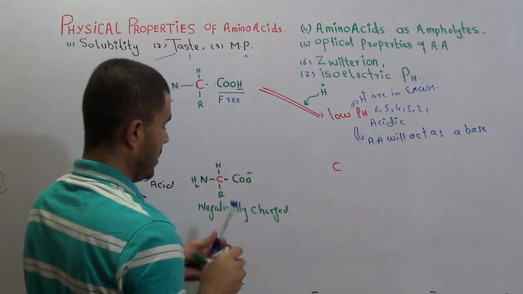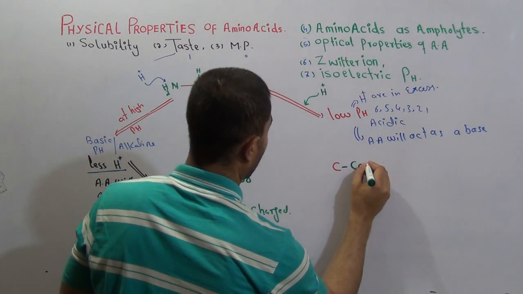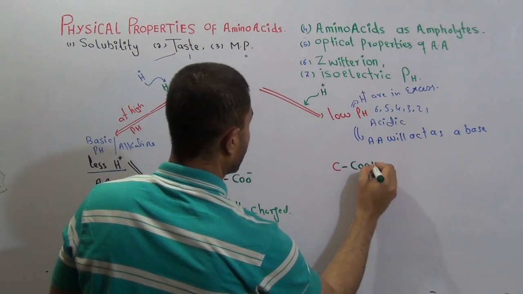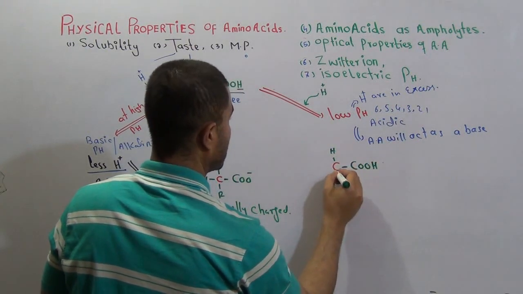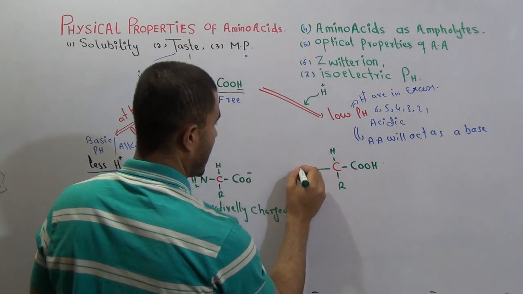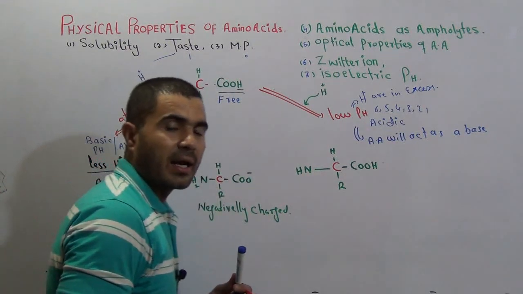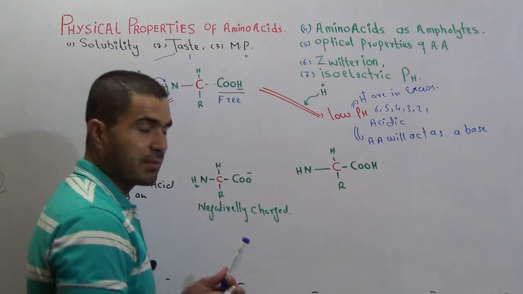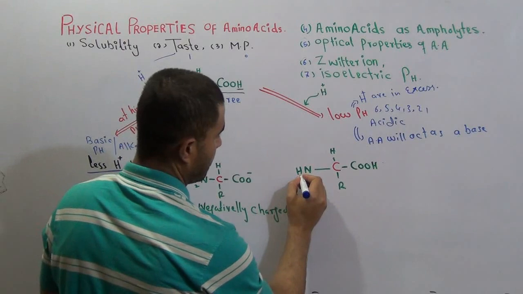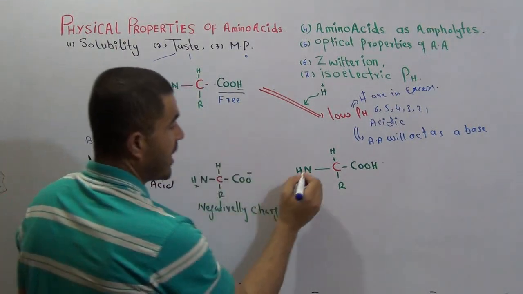That is carbon, and here we have COOH. There is hydrogen, there is R and NH. Two hydrogen atoms are already present. The third hydrogen atom, when it comes, will make it NH3 rather than NH2.